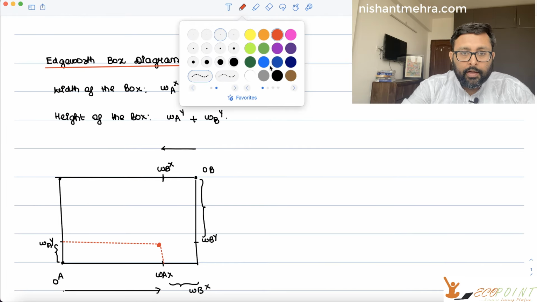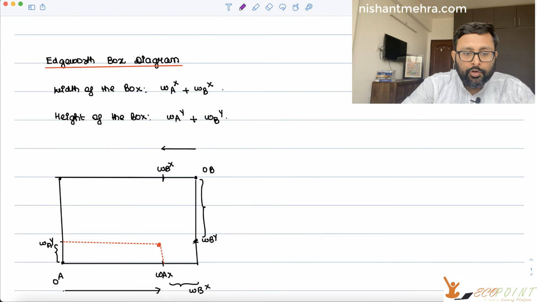You are sitting here with the amount of x which you are endowed with and the amount of y which you are endowed with. You read according to your x's.